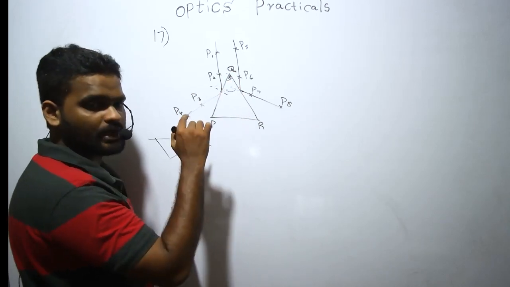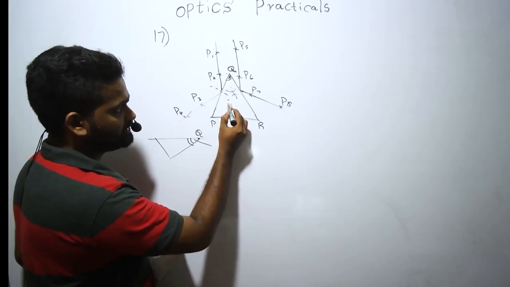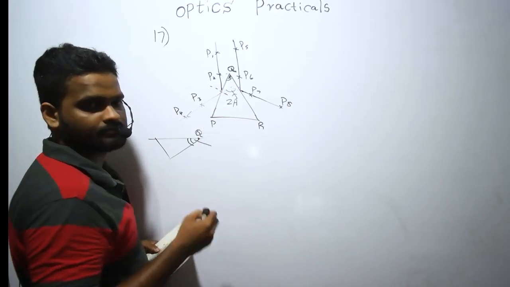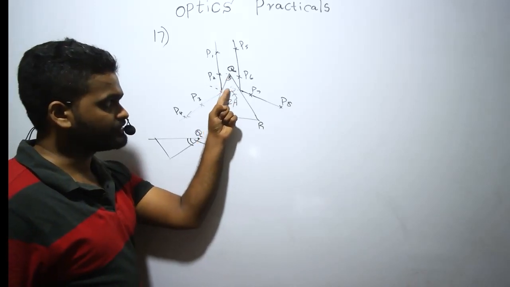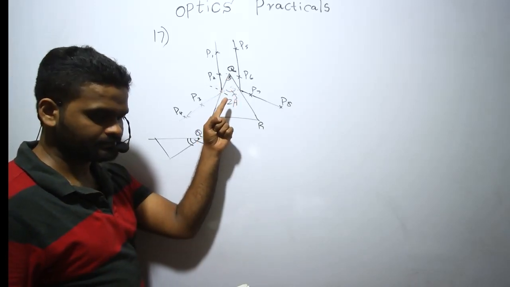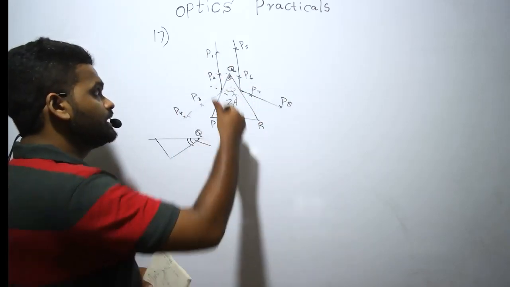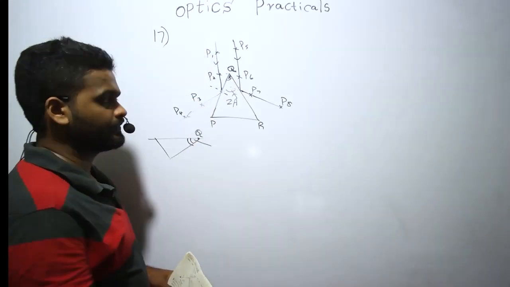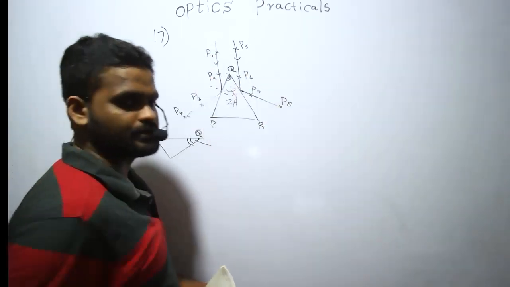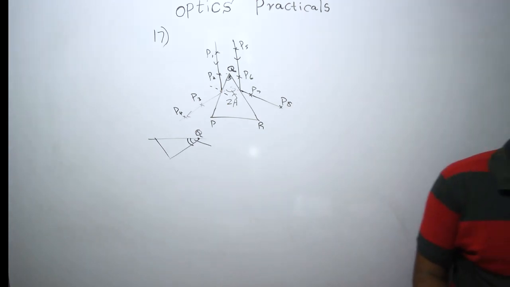In theory, you have learned that if the prism angle is A, this angle should be 2A, right? Okay, take this down. These two are parallel lines, right? Just draw this one. Thumbs up once you draw that.